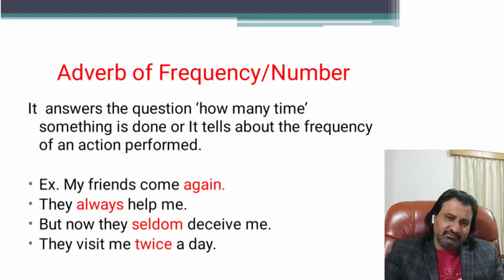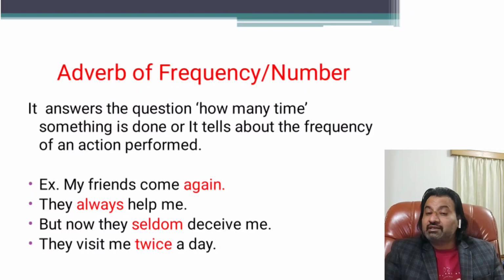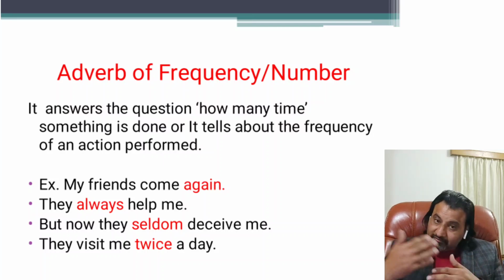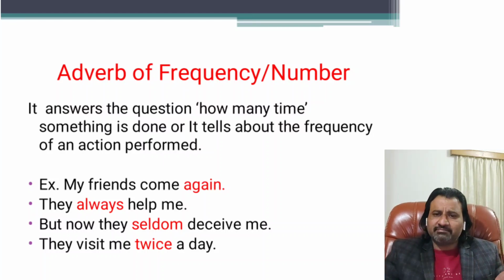Look at this example. My friends come again. They always help me, but now they seldom deceive me. So the word again means something has happened again. Always means this happened always.